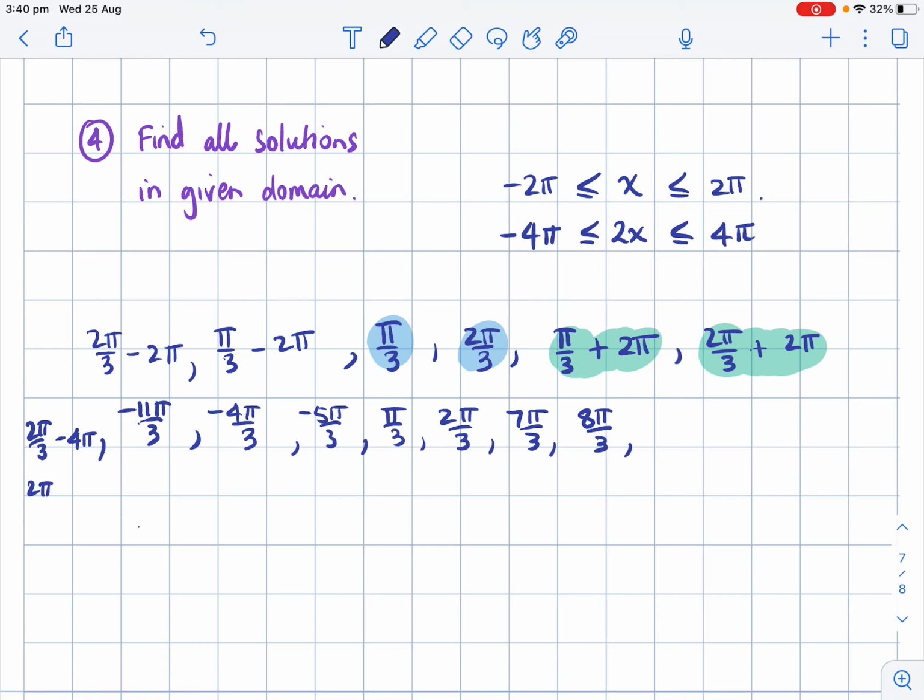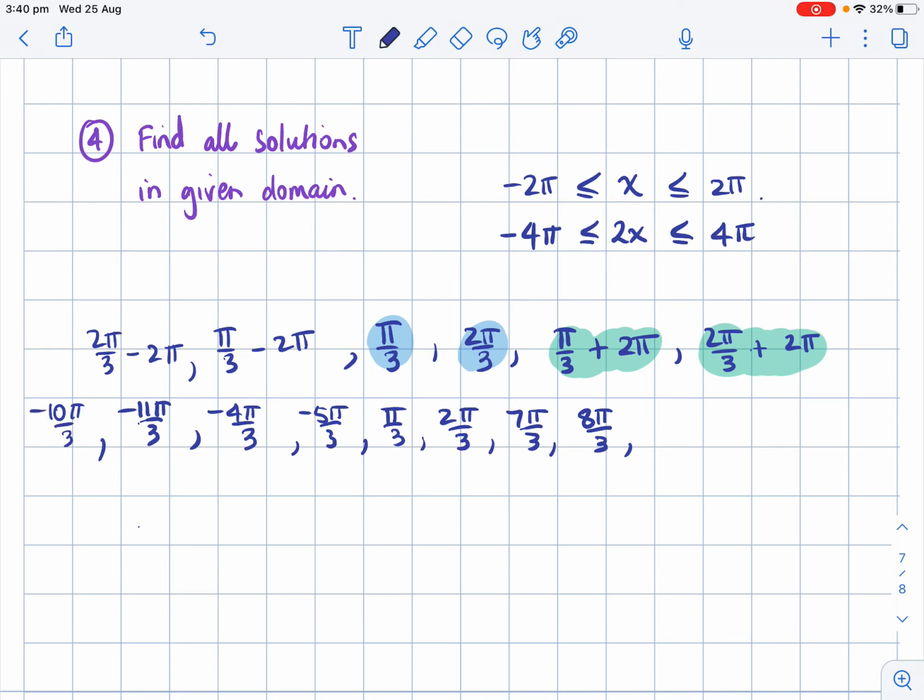That becomes 2 pi on 3, take away 12 pi on 3, which equals minus 10 pi on 3. That's also within my range. That is also bigger than negative 4 pi. So I've got to include that one. Negative 10 pi on 3.